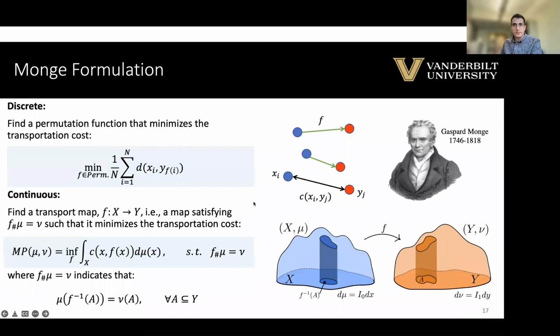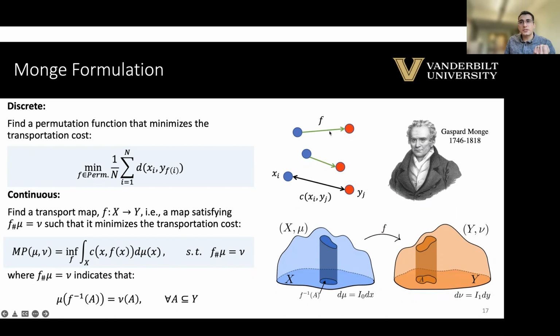Okay. So if that's what we learned about Kantorovich, then what was Monge doing, like almost 200 years before that? So Monge was really interested not in the transportation plans, but in transportation maps. So Monge was trying to find a function that matches our x's to our y's.